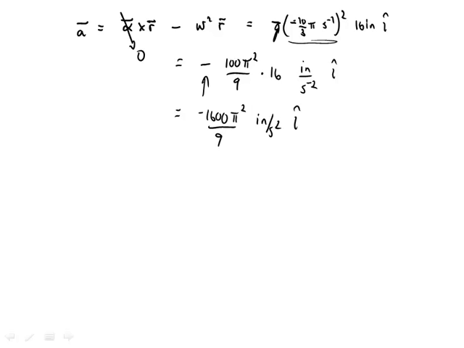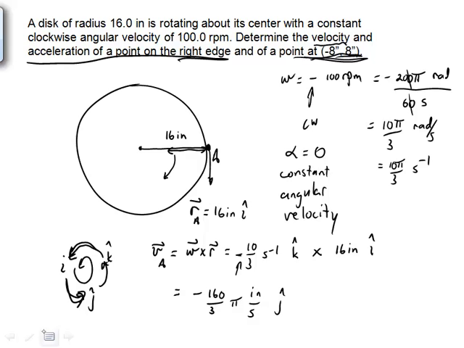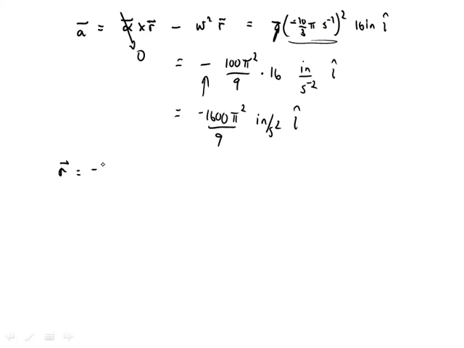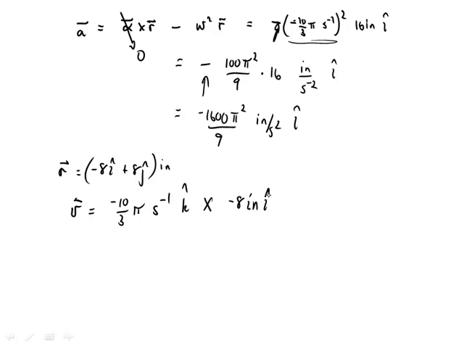Now if I do these same things for this point at minus 8, 8, in that case r equals minus 8 I plus 8 J inches, and so my velocity is equal to minus 10/3 pi seconds to the minus 1 K hat crossed with minus 8 inches in the I plus 8 inches in the J. And to do a vector cross product, I use a determinant, I J K, 0, 0, minus 10/3 pi seconds to the minus 1, minus 8 inches, plus 8 inches, 0.